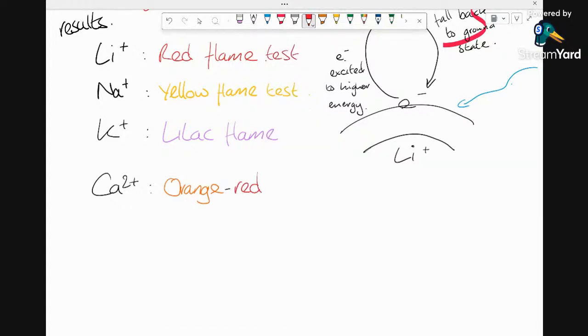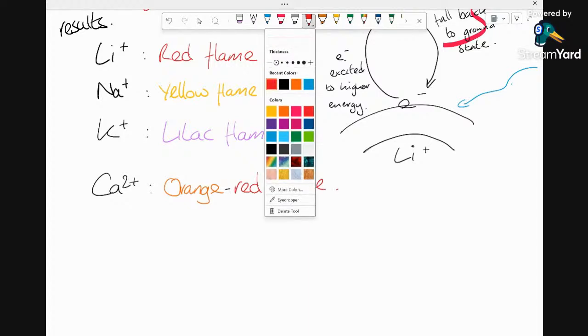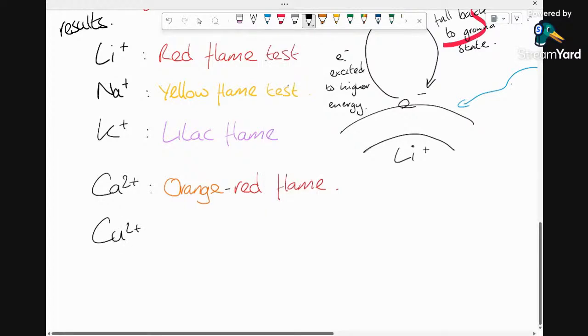Then we pick up copper, Cu2+. Copper is another 2 colors. This is blue-green. Both colors should be mentioned. Blue-green flame.